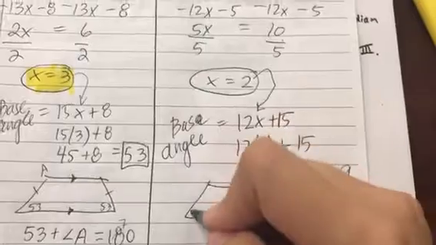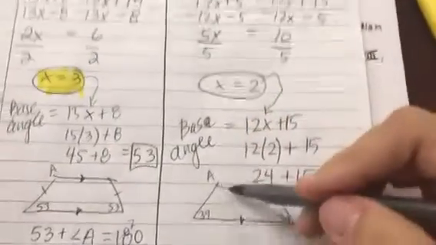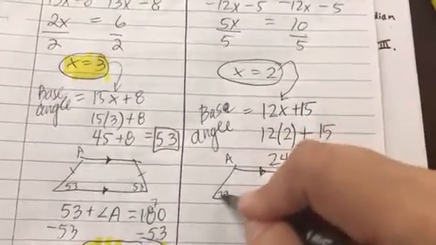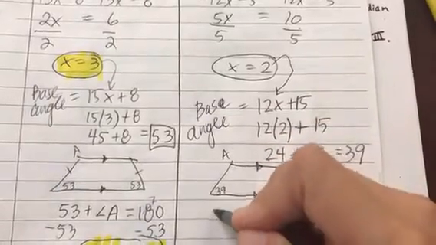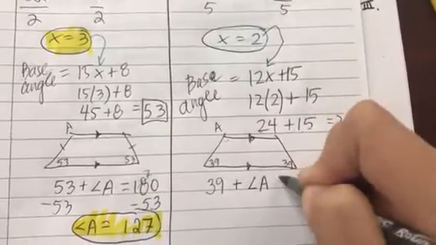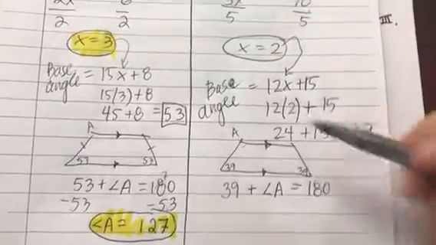My base angles are 39 degrees, and I know they've asked me to solve for angle A, and that's going to be an obtuse angle. So angle A, these two would add up to 180, so 39 plus angle A would add up to 180 because same side supplementary.